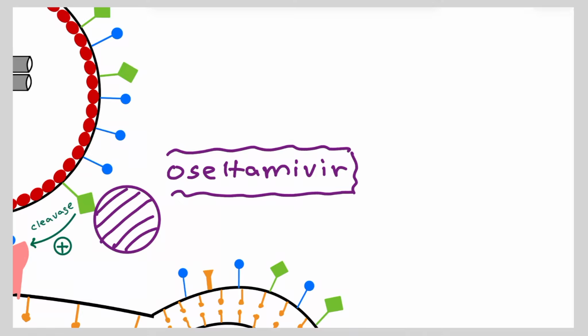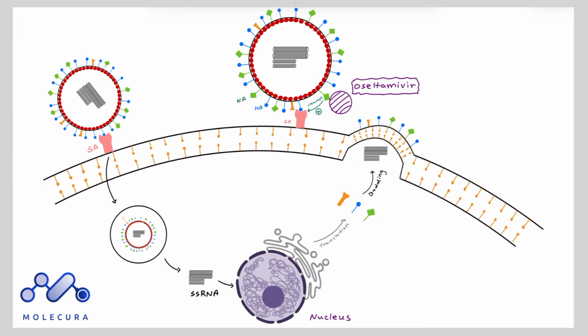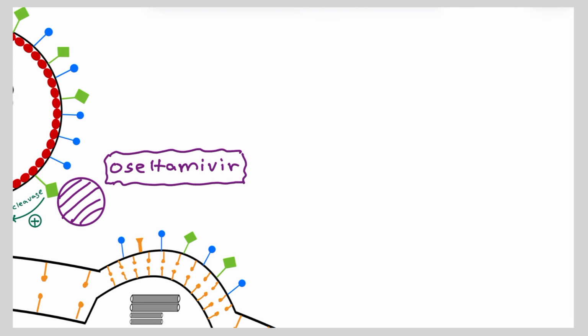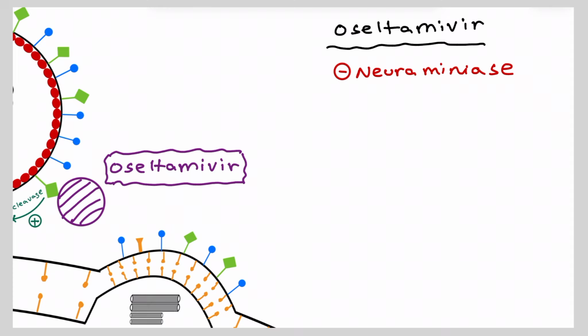So what it's doing over here, it's coming and inhibiting neuraminidase of the influenza virus and inhibiting the cleavage of the influenza virus from the sialic acid receptor on the surface of the respiratory cells. So let's try to write it down over here, what we just talked about. We have our oseltamivir. What it's doing, it's inhibiting neuraminidase on the influenza virus.